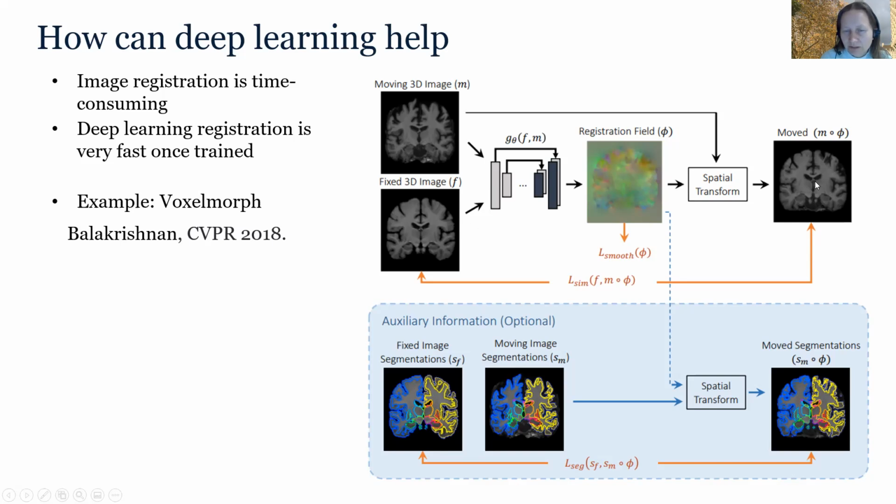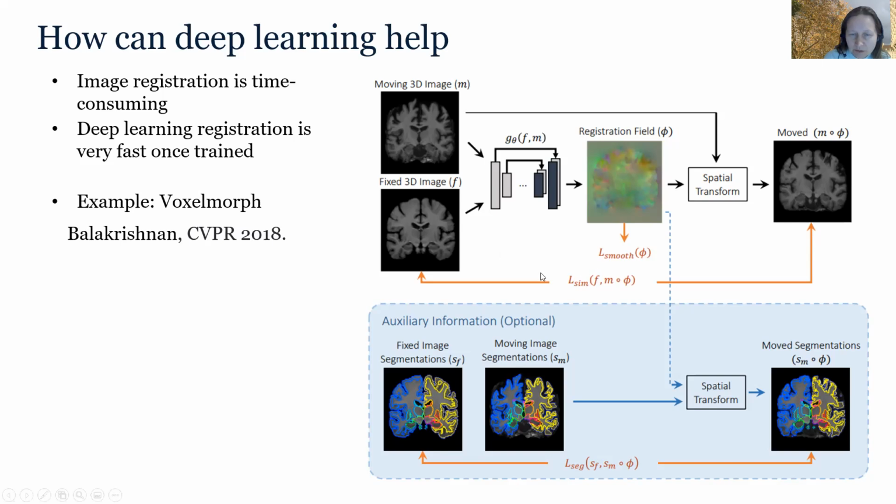Once it's registered, we can calculate the similarity measure. You already know from previous lectures what these similarity measures can look like. It can be, for example, sum of square errors, or normalized cross correlation, or mutual information.